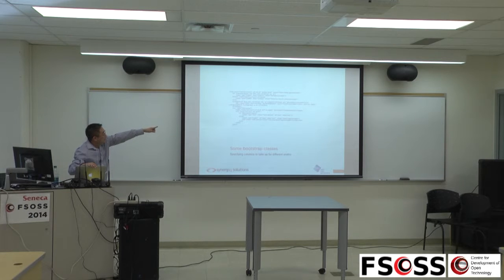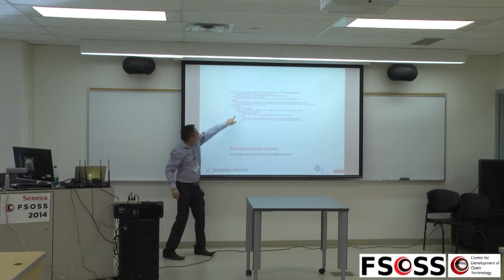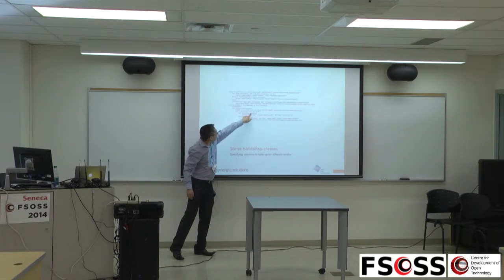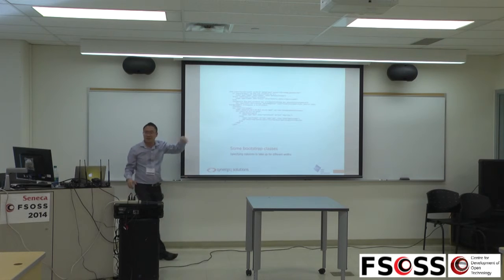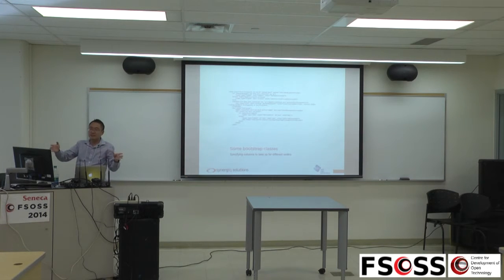So this means that this div, for example, will take up 7 columns in a small sized device, and in a medium sized device it's 6. So you can specify how wide the div is on different devices, how many columns it takes out of the full width of the device, depending on the size of the device.